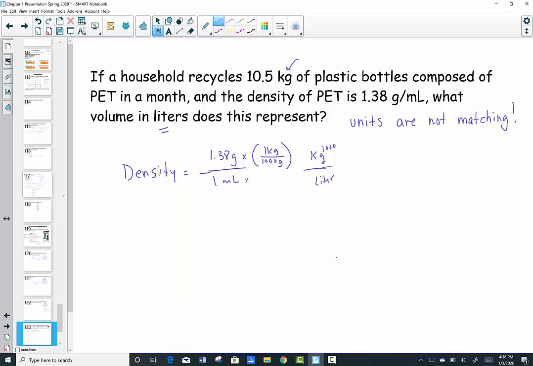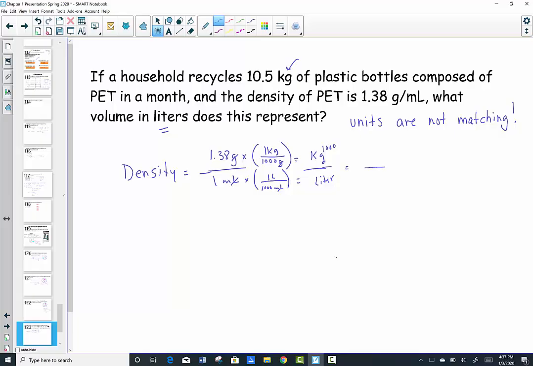And I know that milli is 1,000th, so there's 1,000 milliliters in a liter. When I do this, I'm converting grams into kilograms and milliliters into liters.